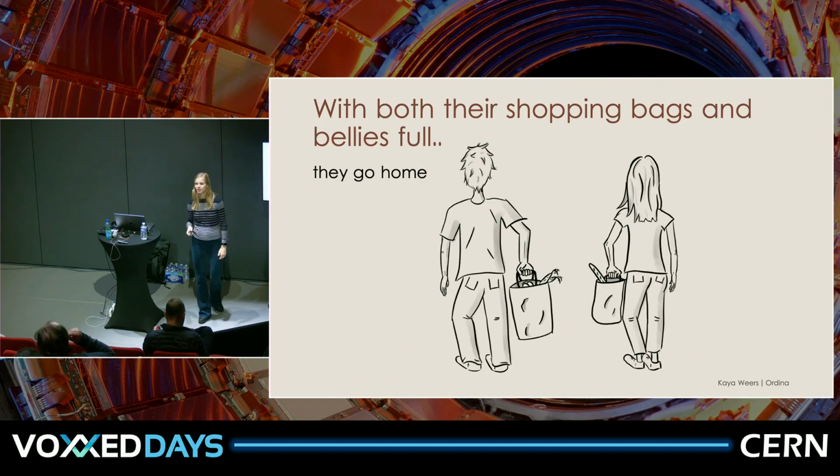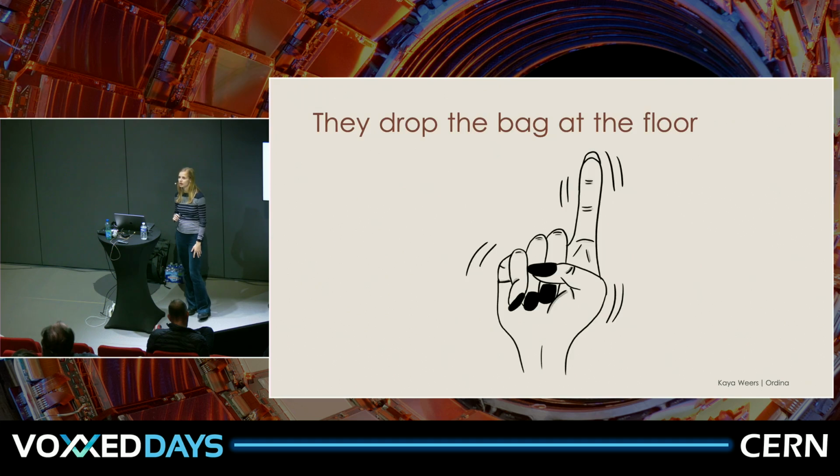So, their bellies are full, their bags are full, they're ready to go home and finally have their deserved chilling time. But then they go home, they drop the bag on the floor and mom is like, no, no, no, please, store all the groceries first. They roll their eyes, but they know better than to argue with their mom, so they go to work. They put everything that needs to be cold in the refrigerator.